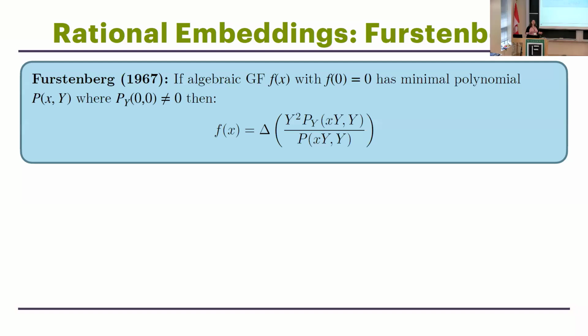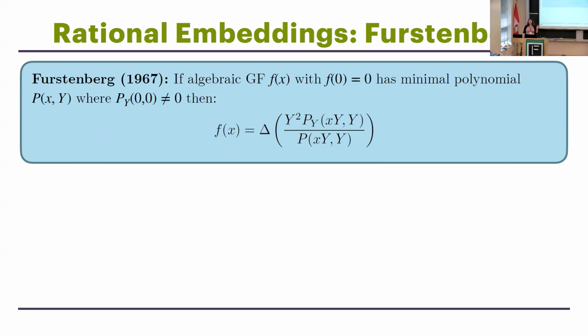The first work towards this rational embedding idea was done by Furstenberg in 1967. This is where I mentioned I wasn't necessarily talking about the first work when I said 1973. Furstenberg showed that if you have some algebraic generating function f of x that vanishes at the origin and it has some minimal polynomial, where if I take the partial derivative in terms of y, that's what I mean by this sub y here, at 0, then that's non-zero.